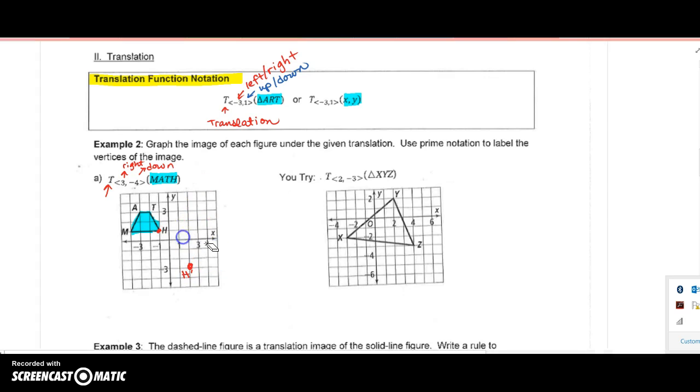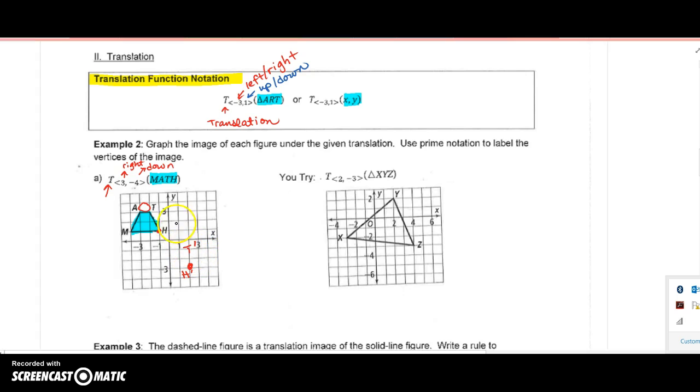Then we're going to do the same exact thing for all the other points. So T, you're going to move T 1, 2, 3 to the right, 1, 2, 3, 4 down. This is going to be T prime. Do the same thing for A. If you wanted to, you can also see that there is just a space of 1 here.